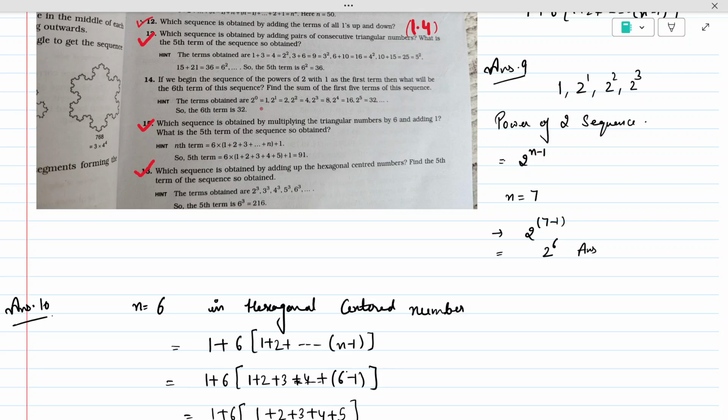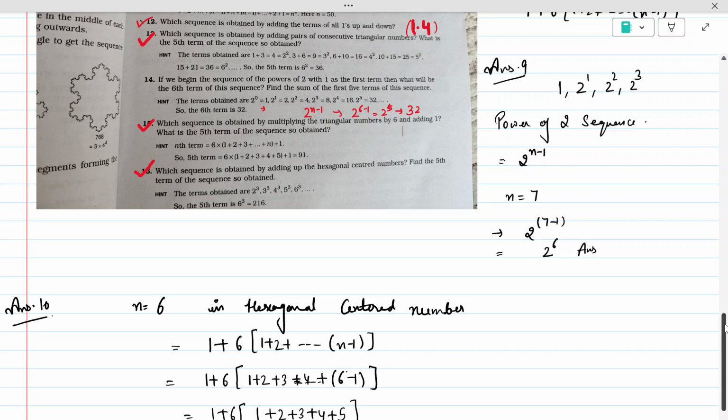Okay. I am writing here. It is the same as question number 9. 2 raised to the power n minus 1, which is 2 raised to the power 6 minus 1, 2 raised to the power 5, and that is 32. This is the answer. Okay.